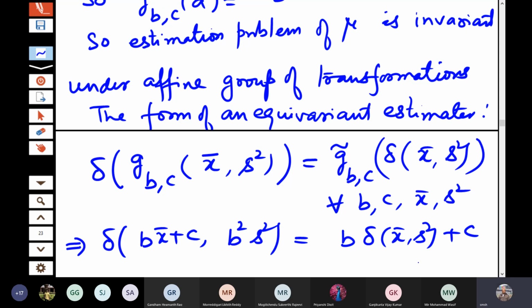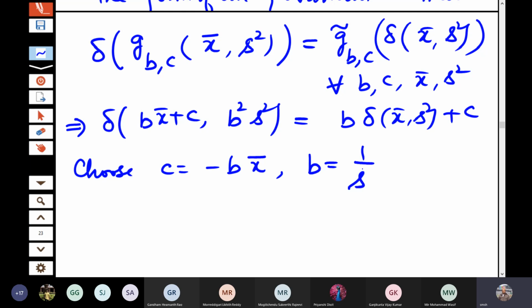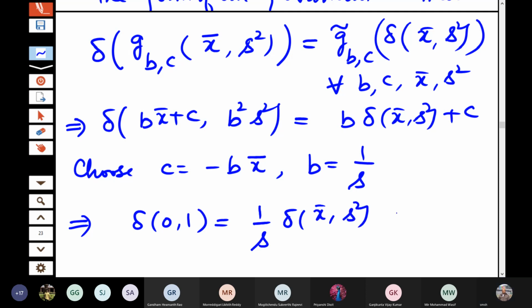So what we can do, we can choose here, say c is equal to minus b x bar, and then I can choose b to be, say, 1 by s. If we do that, then what I will get, this will become delta of 0, 1, that is equal to 1 by s delta x bar, s square minus b x bar.